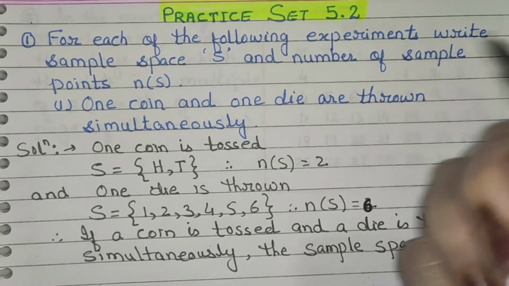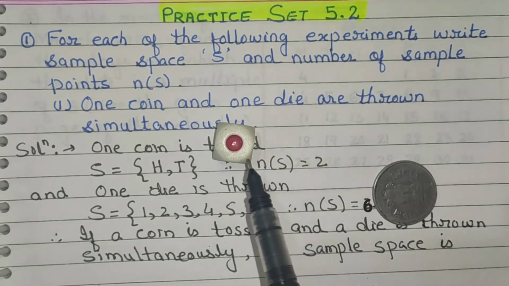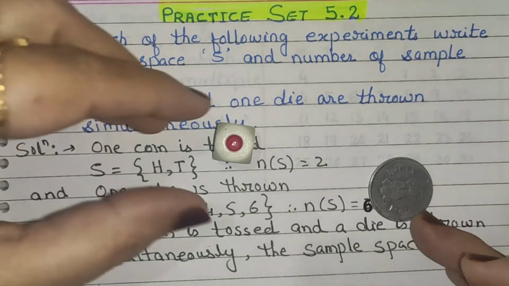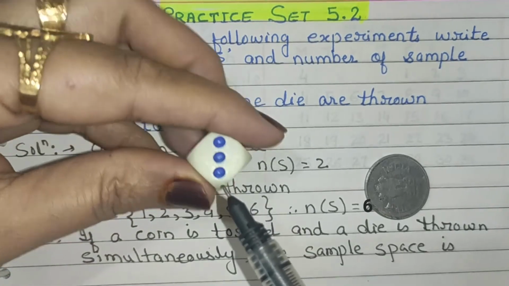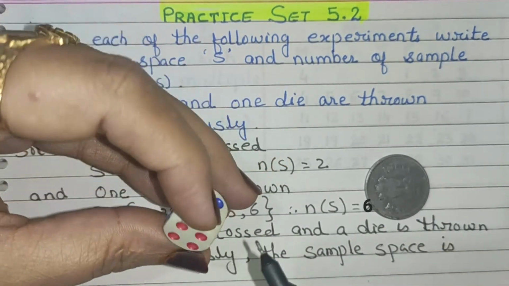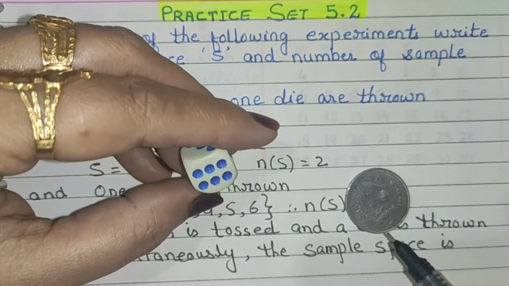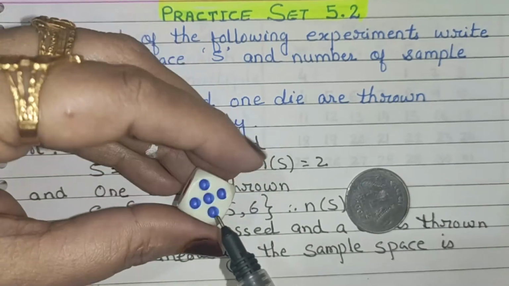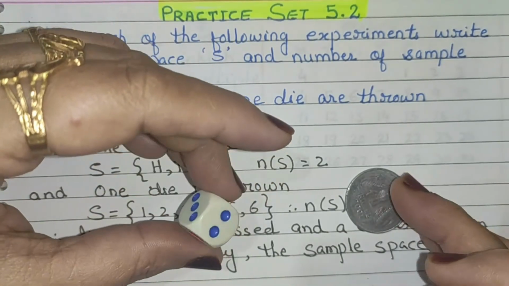If one coin and one die are thrown simultaneously, now we get here head and 1. Therefore we will get head with 2, 3, 4, 5 and 6 numbers. Now the next one, other possibilities are there. Now we get here with tail 1, 2, 3, 4, 5 and 6.